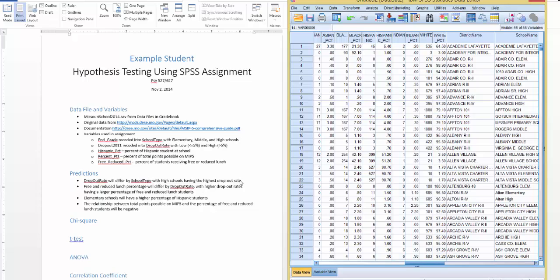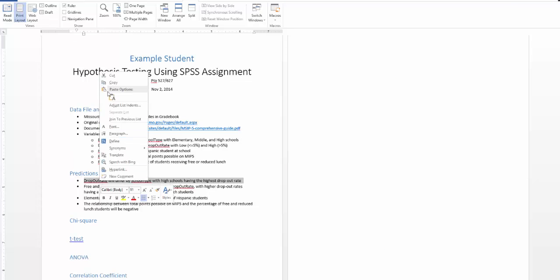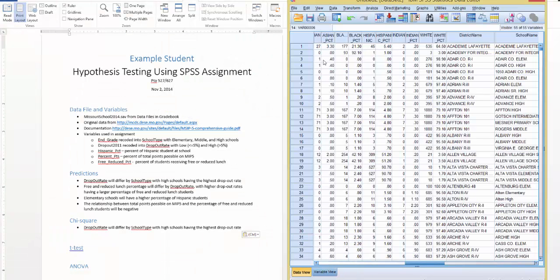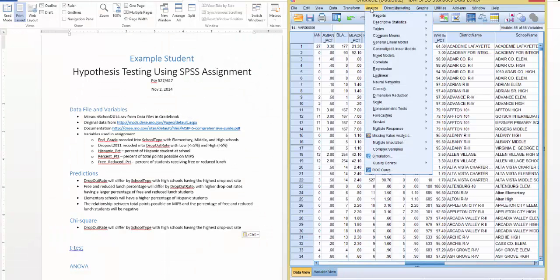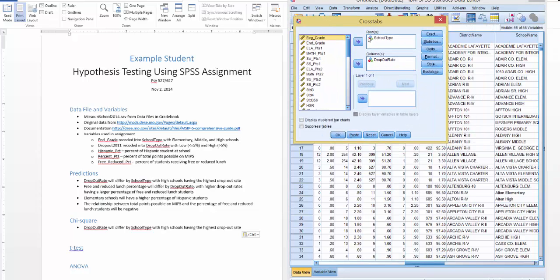And what we'll do is we'll take this prediction and we'll paste it in our chi-square. Pulling up the SPSS file, we're going to go Analyze, Descriptive Statistics, Crosstabs, and we're going to do school type by dropout rate.